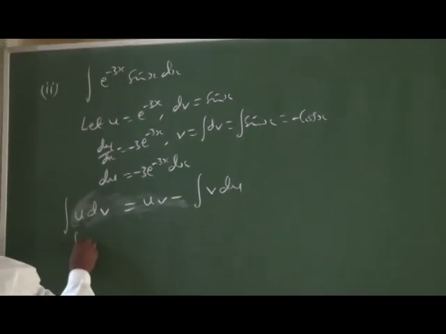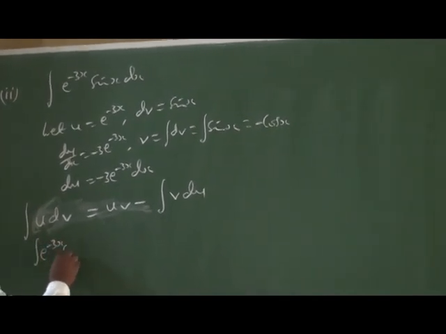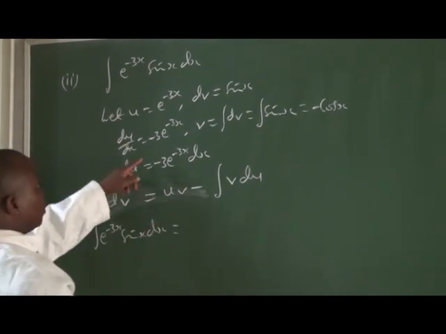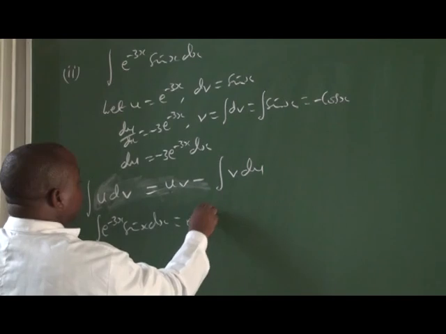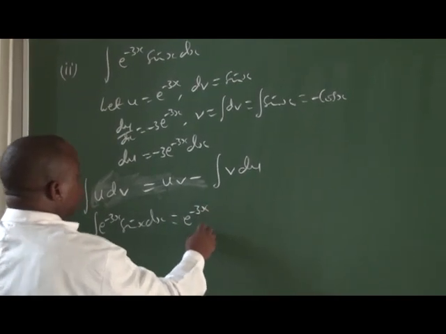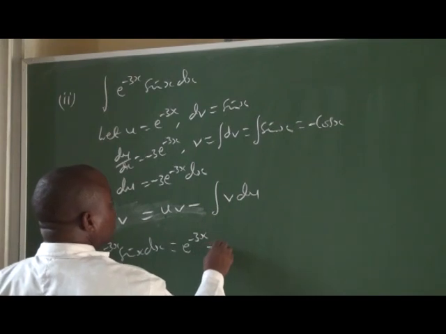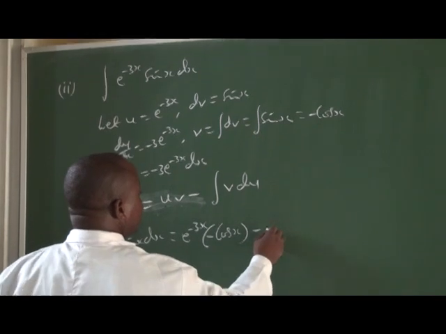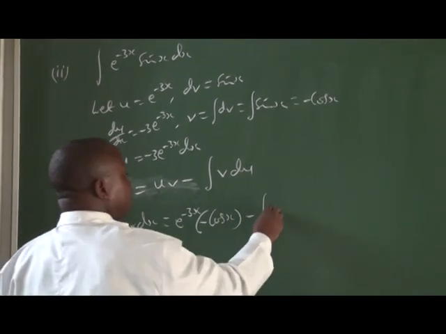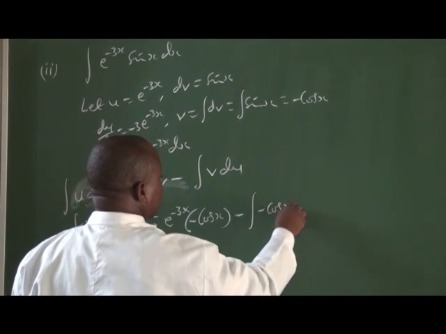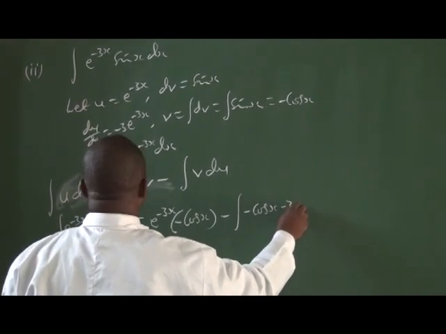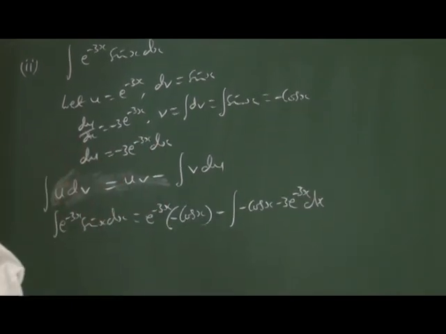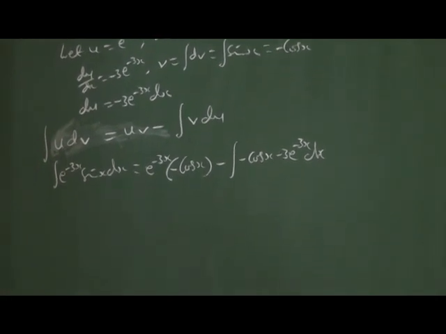So it means that integral exponential minus 3x sine x dx will be equal to u, and u is exponential minus 3x, times v. v is minus cos x, and then we have minus the integral of v, which is minus cos x, du is minus 3 exponential minus 3x dx. Look at that. So that is how it works.